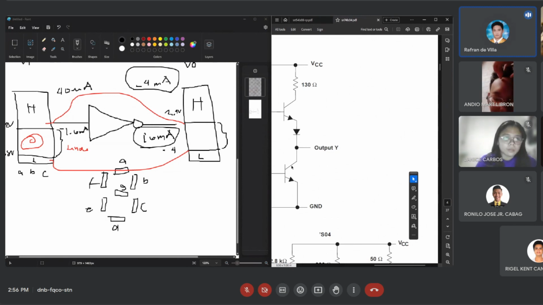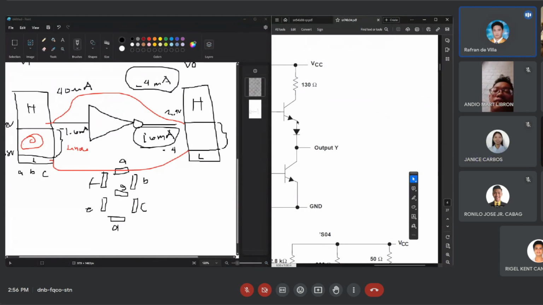Familiar ba mo sa gamit sa transistor diri? So, ang transistor dira is acting as a switch. Okay? So, moro ni siya switch ang across sa collector emitter.